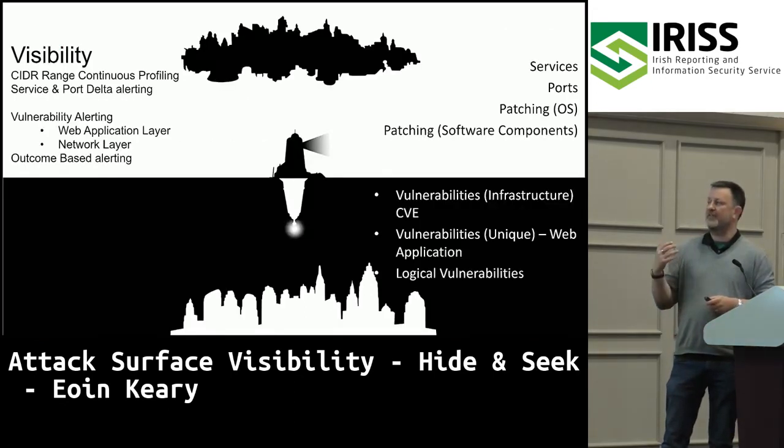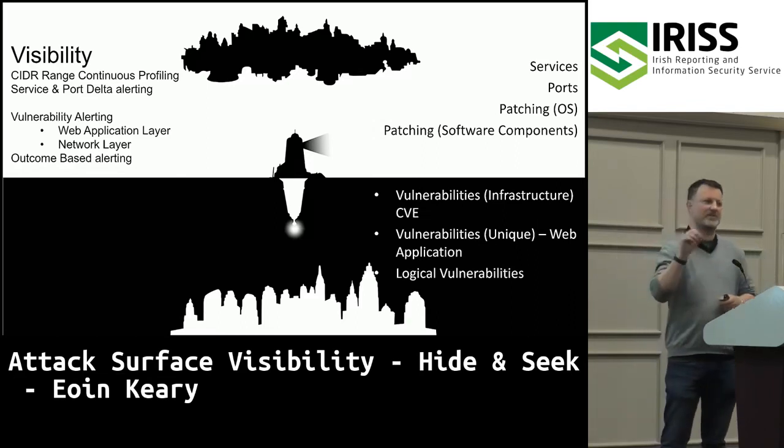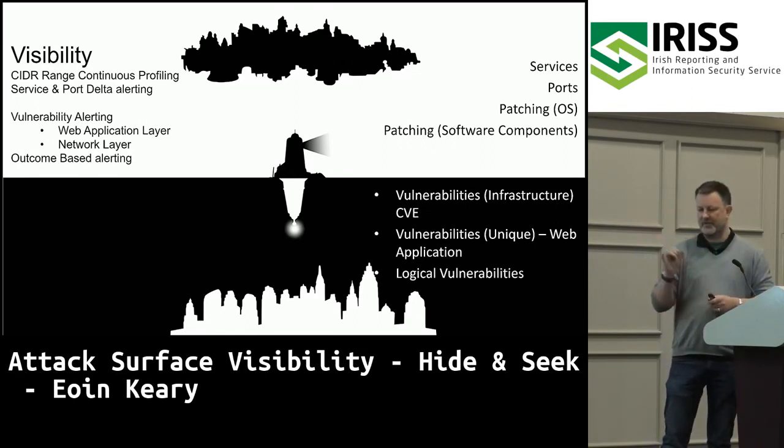So, when companies have an IP range rather than individual IPs, the idea is to be able to have visibility of the entire range. So if something gets deployed without permission, it breaks change control rules, things like that.